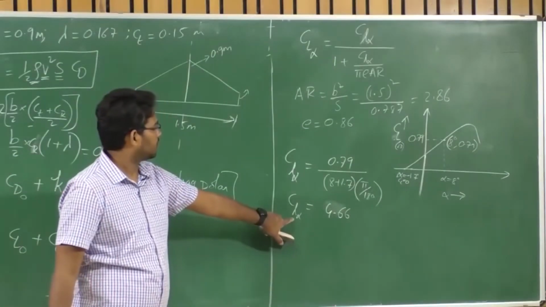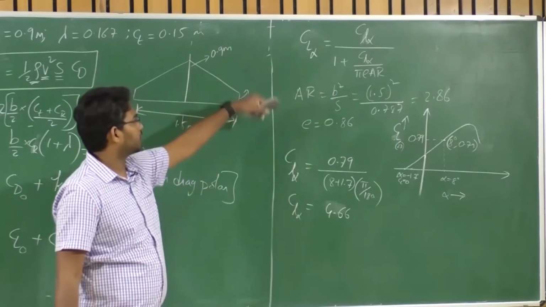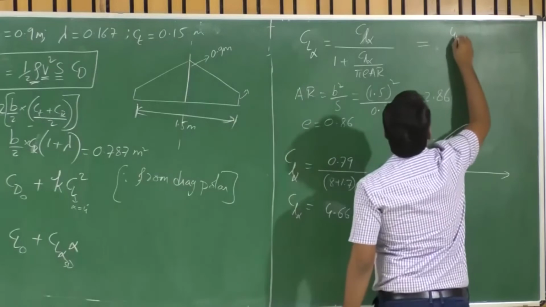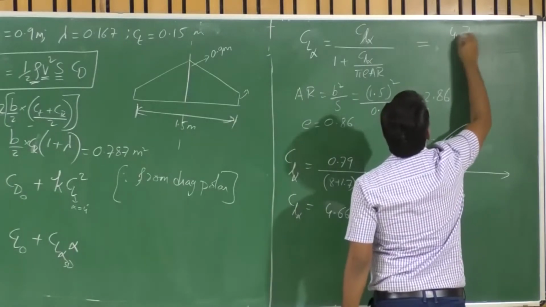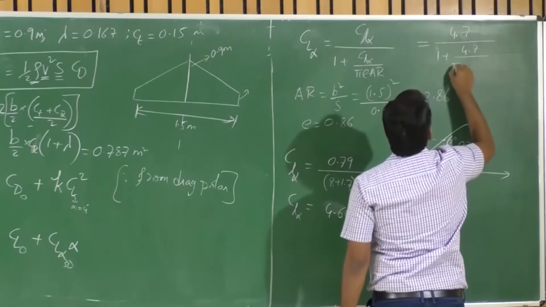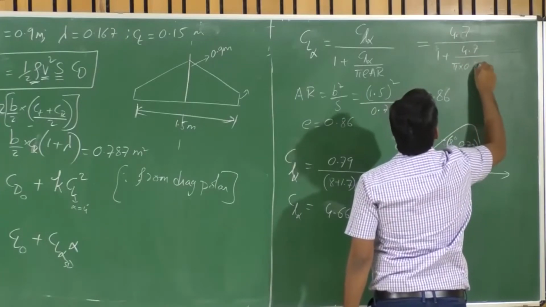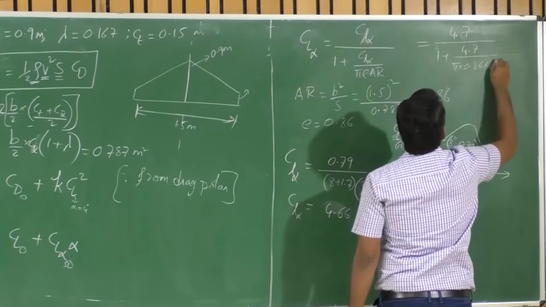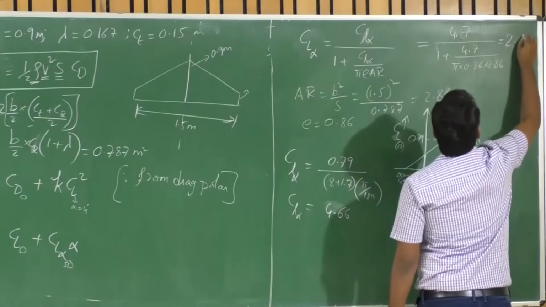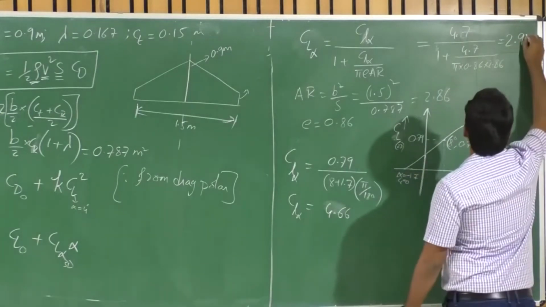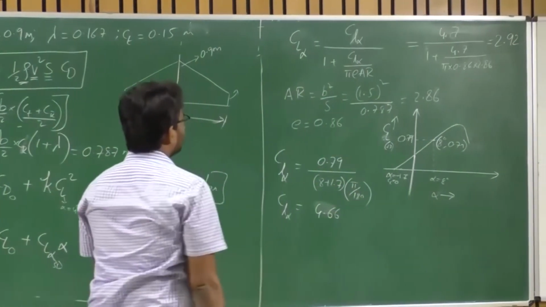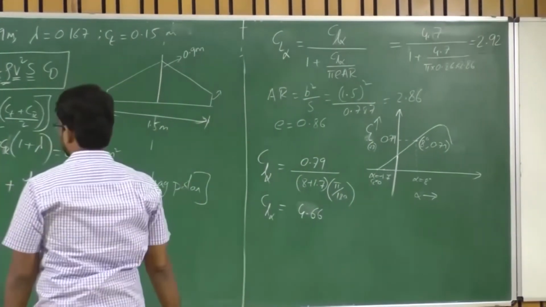So now you have CL alpha 2D. So by substituting in that particular equation, what I can achieve is 4.66 or 4.7 upon 1 plus 4.7 over pi 0.86 times 2.86. So what I have is 2.9, approximately 2.92, right? So CL alpha 3D is 2.92.